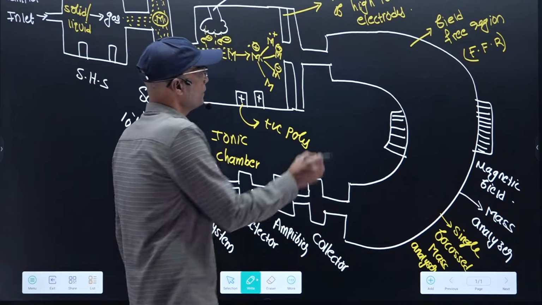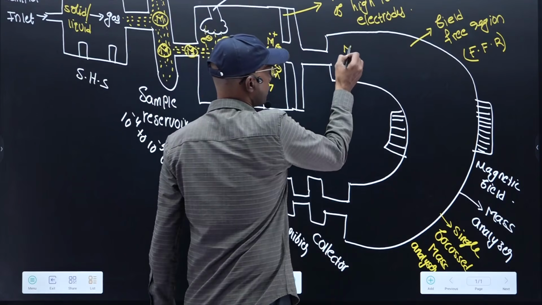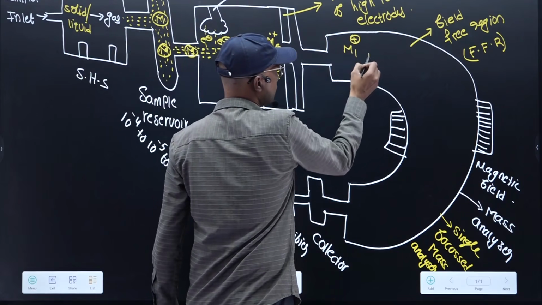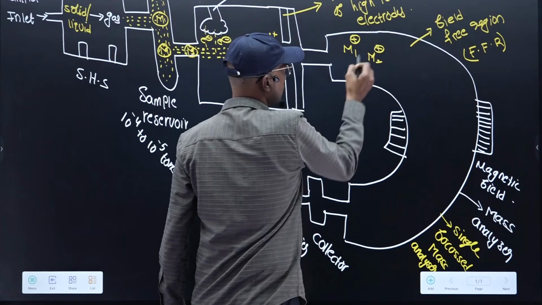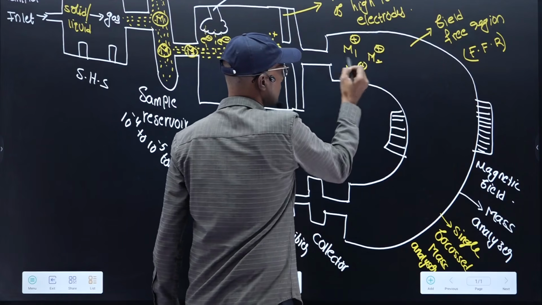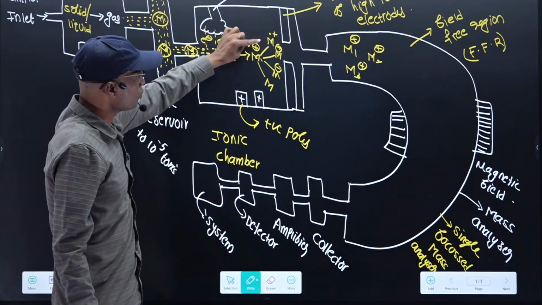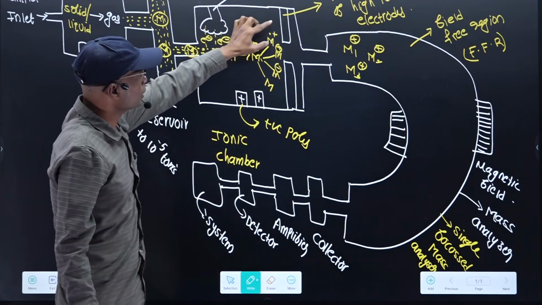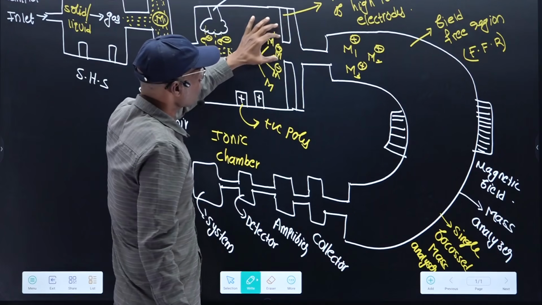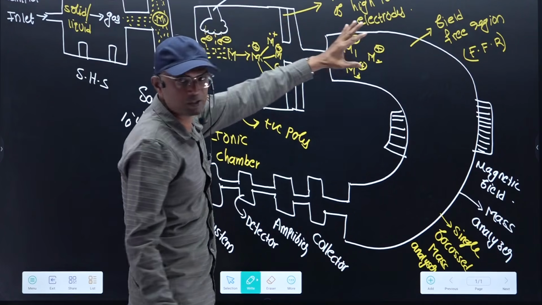Now suppose some ions are entering here: M1 plus, M2 plus, M3 plus, right? Once they undergo fragmentation in the ionic chamber, the high potential electrode pushes these ions with some energy.